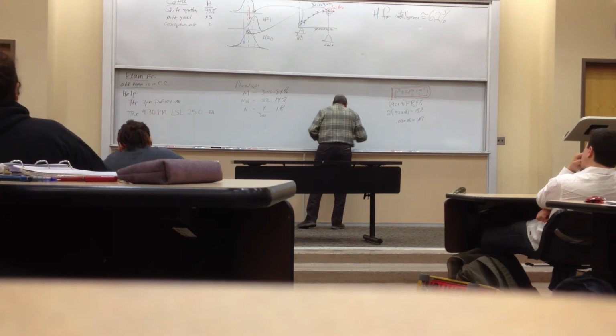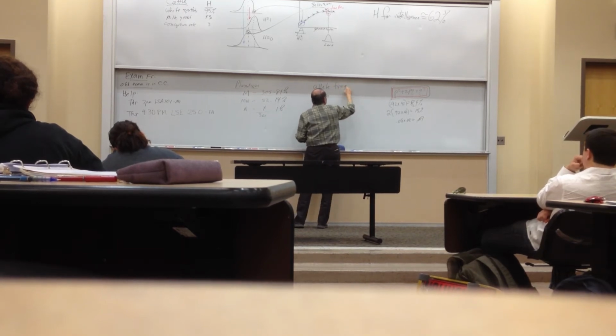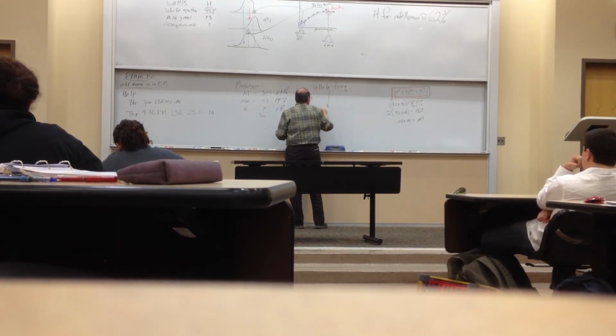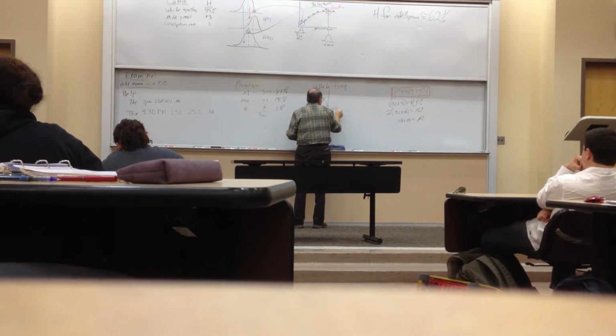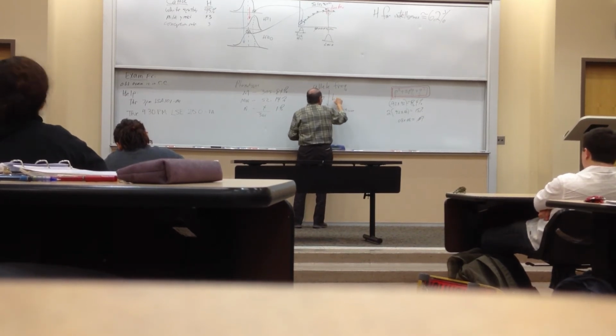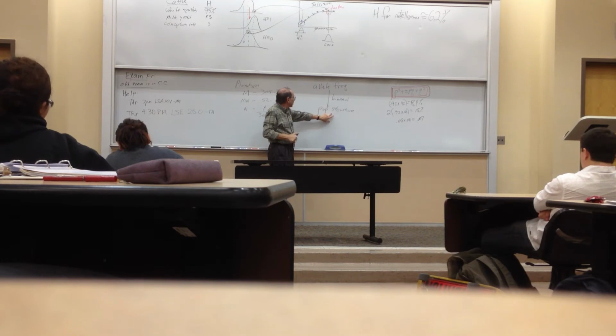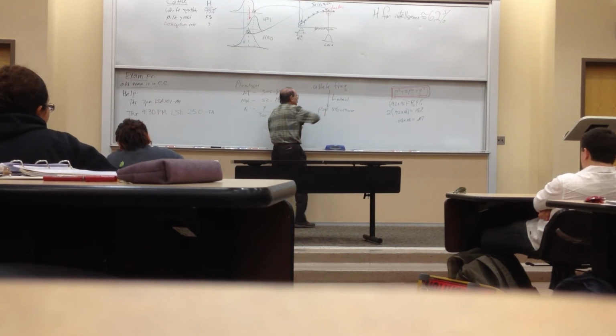I had that on the bottom board, but I need to write it again. You can go from the allele frequency to population structure by the binomial. And you can go from population structure to allele frequency.